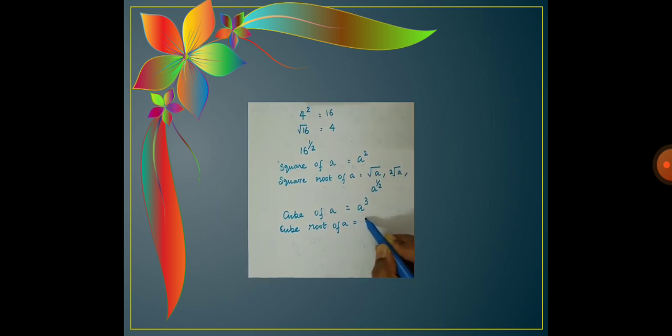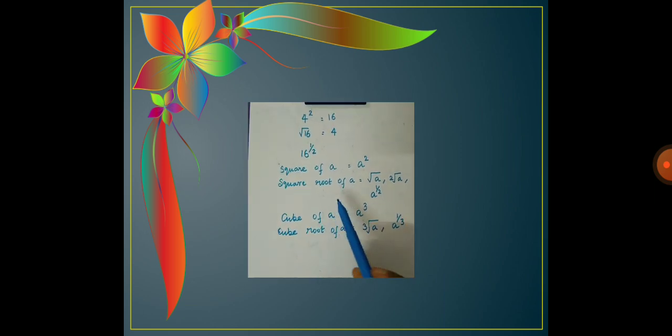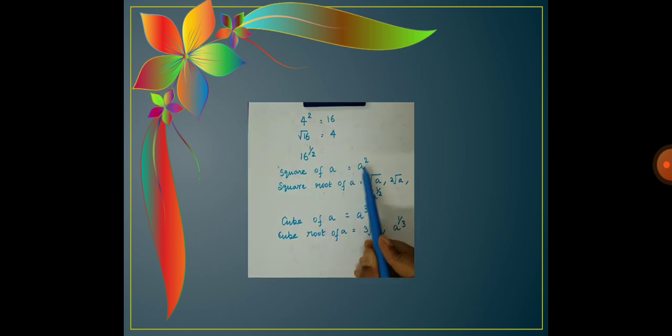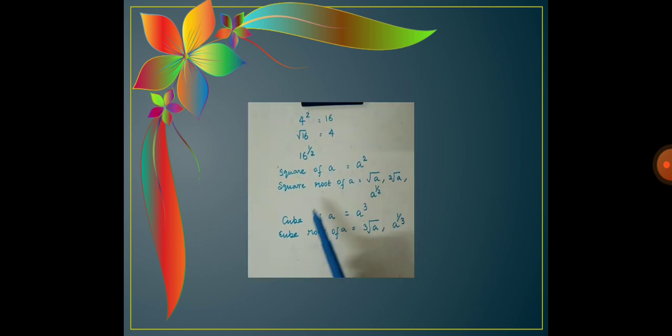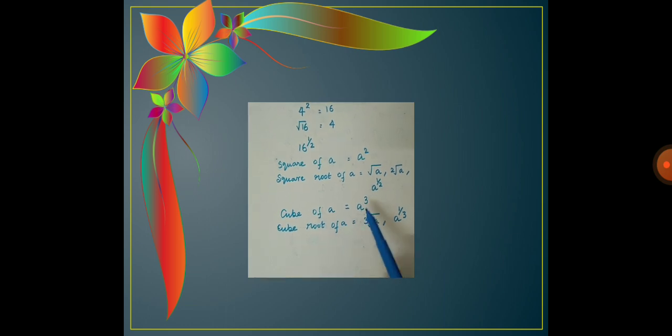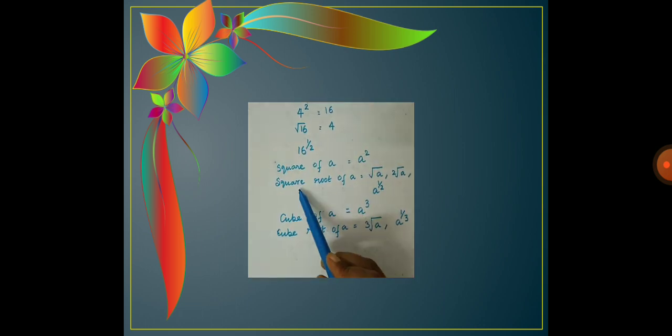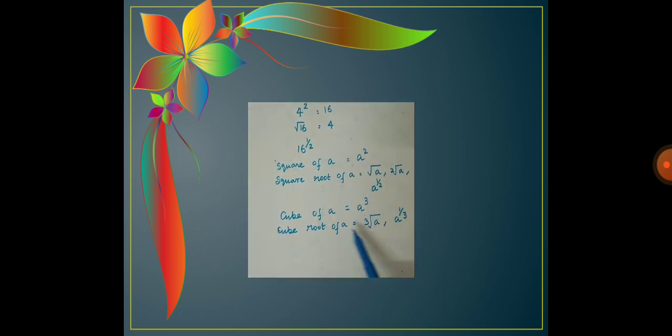We can write it in this way, cube root of a, or a raised to the power 1 by 3. In the same manner as we have written it for the square root of a, we are writing it for the cube root of a. This is the cube of a and this is the square of a. Square root of a and this is the cube root of a.